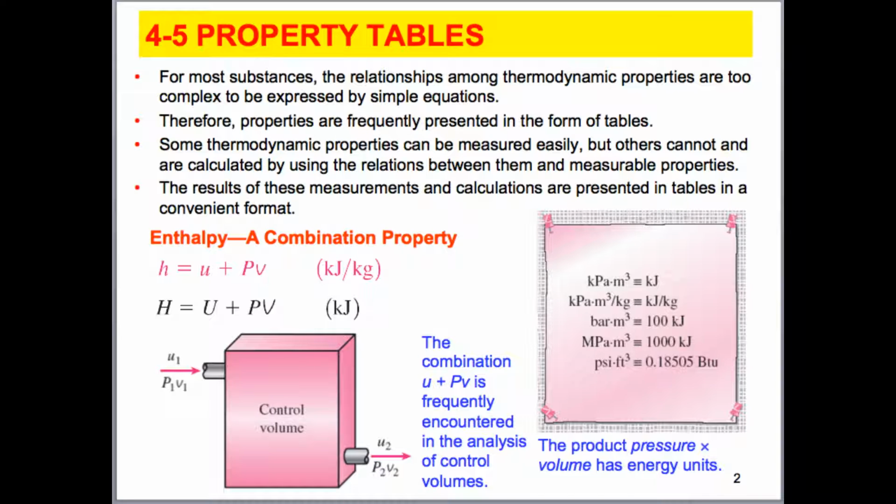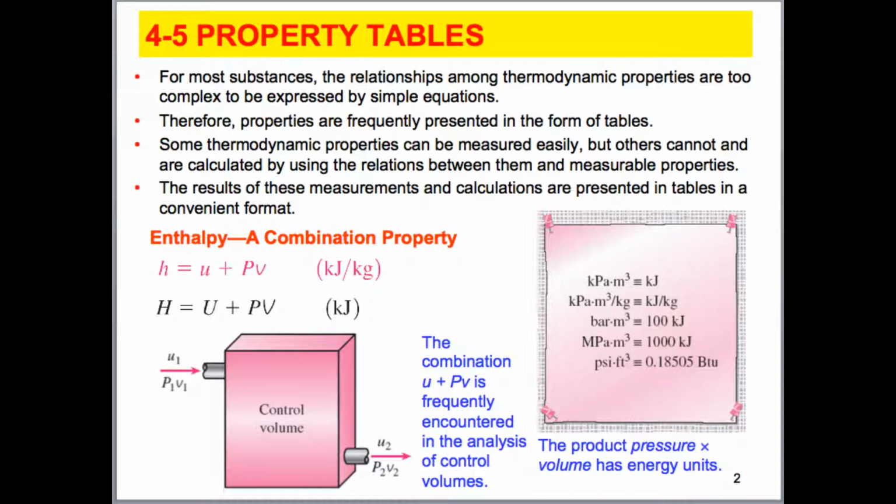But in an open system where we have mass passing through a control volume, passing through our control surfaces, we also have to account for pressure differences and pressure work that are occurring at these particular boundaries. To account for that, we simply combine the internal energy with this pressure and volume term.